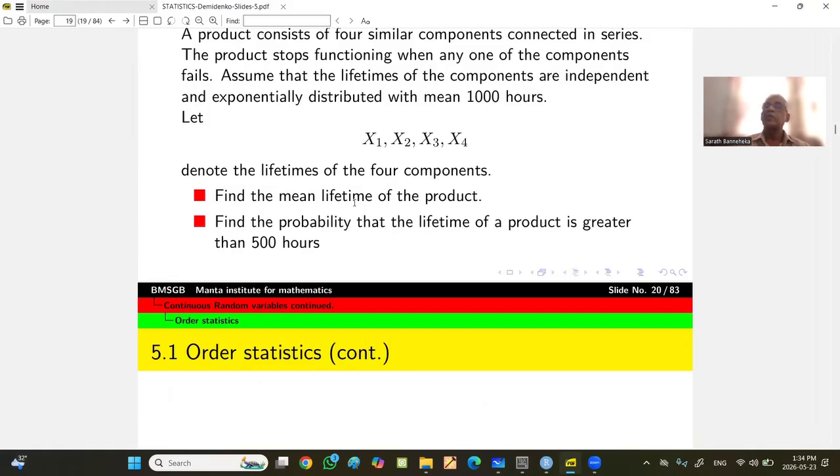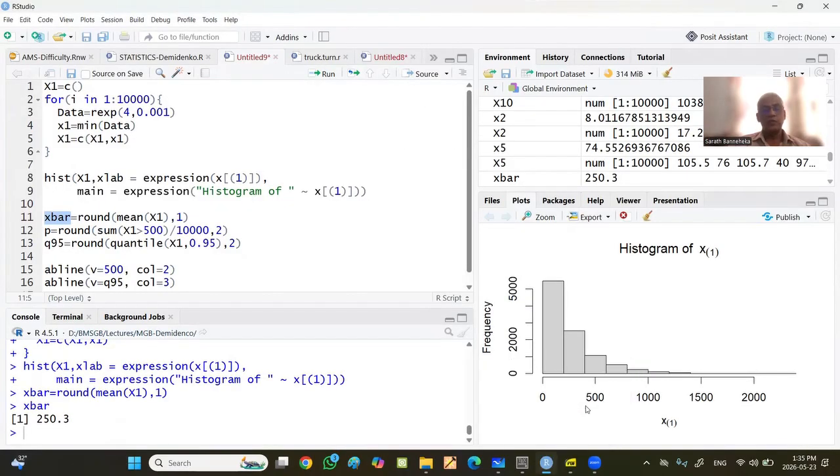That means I have to integrate the density function of X1 from 500 to infinity. That's mathematical work, and may not be that easy. Here, this only gives you an estimate. This estimate will be a pretty good one because it is coming from 10,000 values. So let's calculate that.